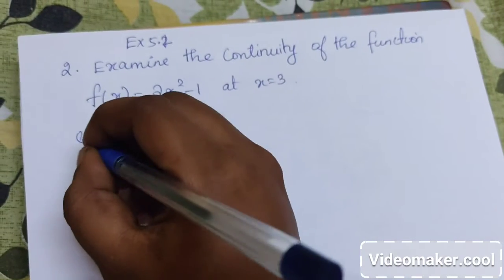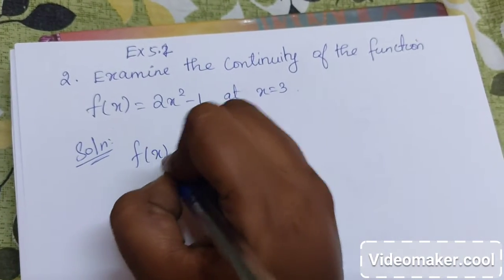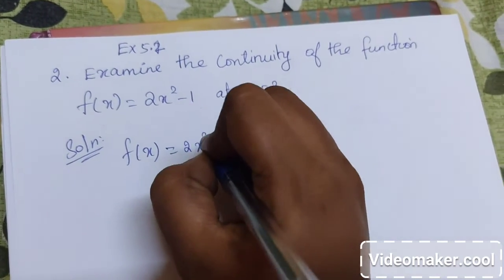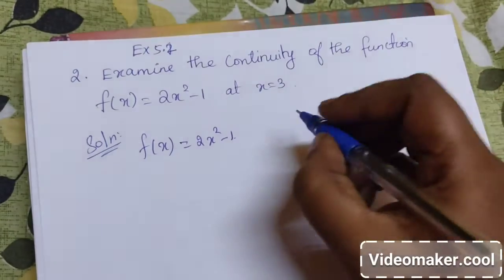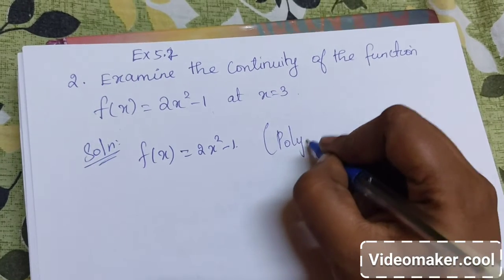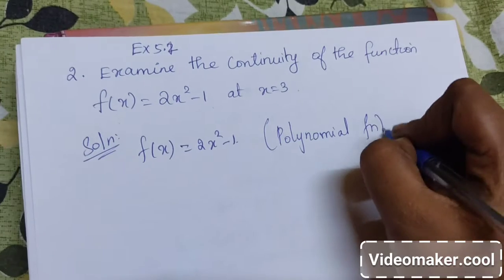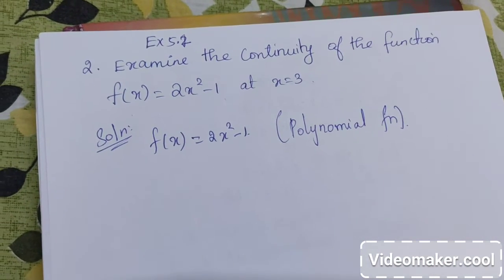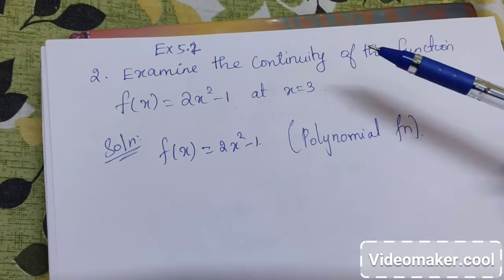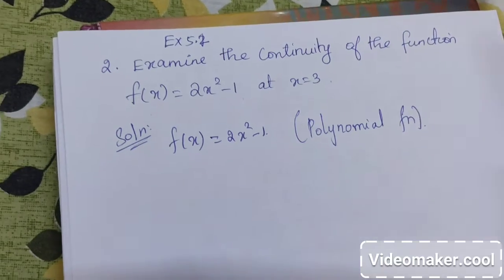For this function we can say it is continuous on entire real numbers because it is a polynomial function. But still, they are asking us to check the continuity of the function at x equal to 3.